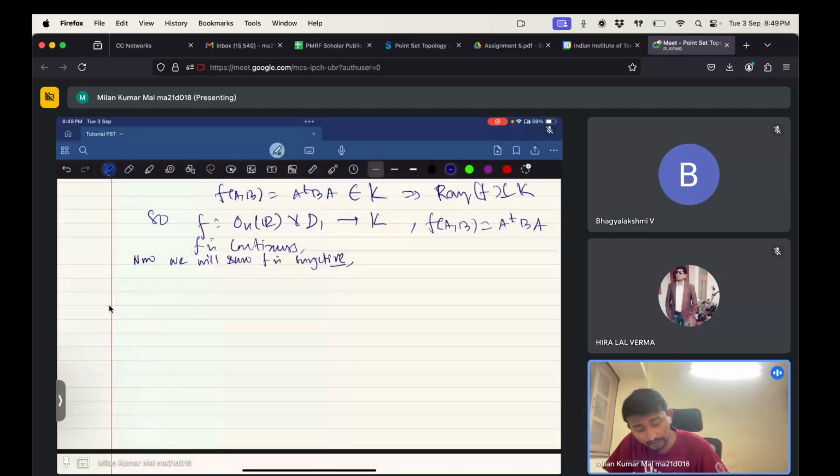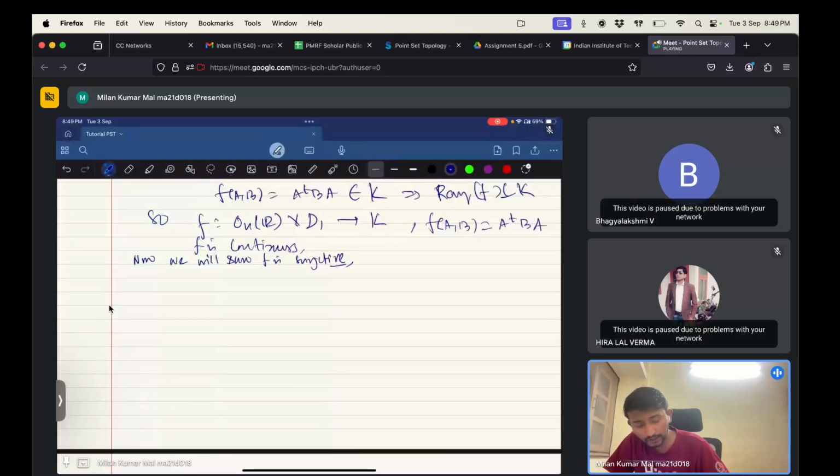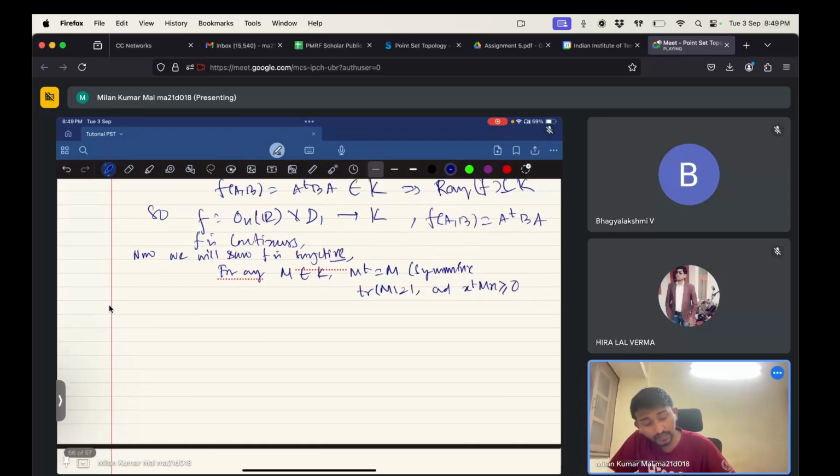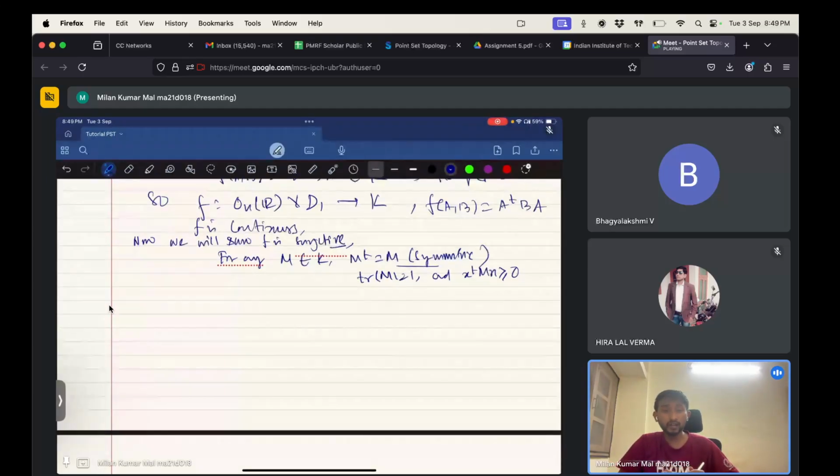For any matrix M belonging to K, M transpose is equal to M, that is, symmetric. Trace of M is equal to 1, and X transpose MX is non-negative. For a symmetric matrix, we know it is diagonalizable.